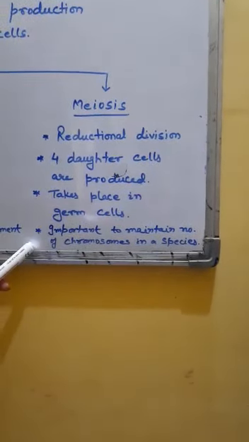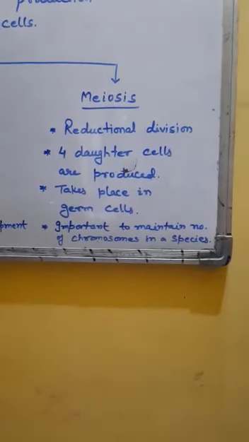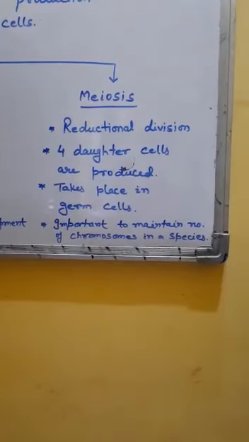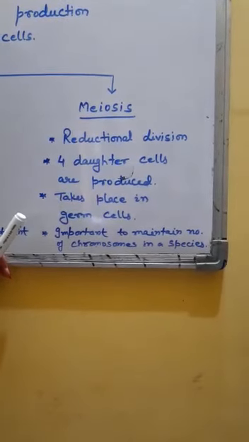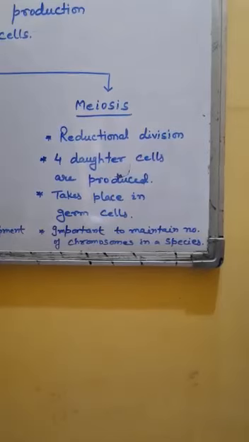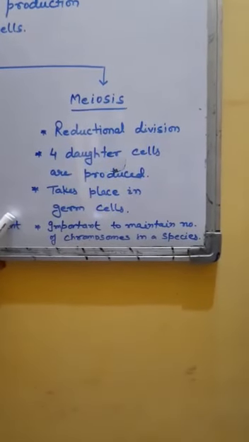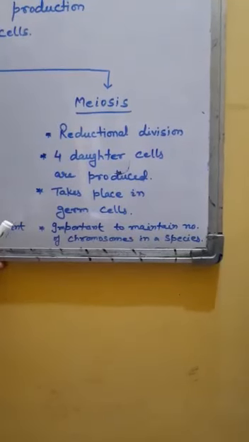It is important to maintain the number of chromosomes in a species. Otherwise, what will happen without meiosis? The chromosomal number would double with each generation during sexual reproduction. As we know, in sexual reproduction, two cells, one coming from each parent, get fused.